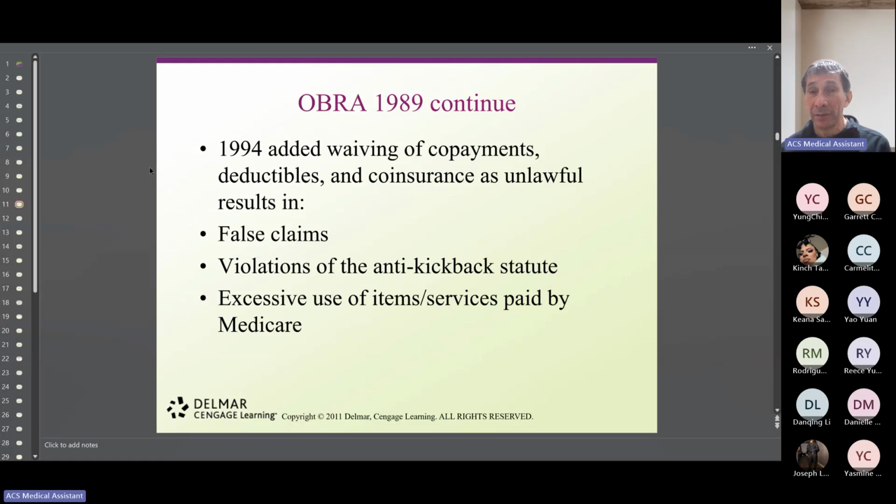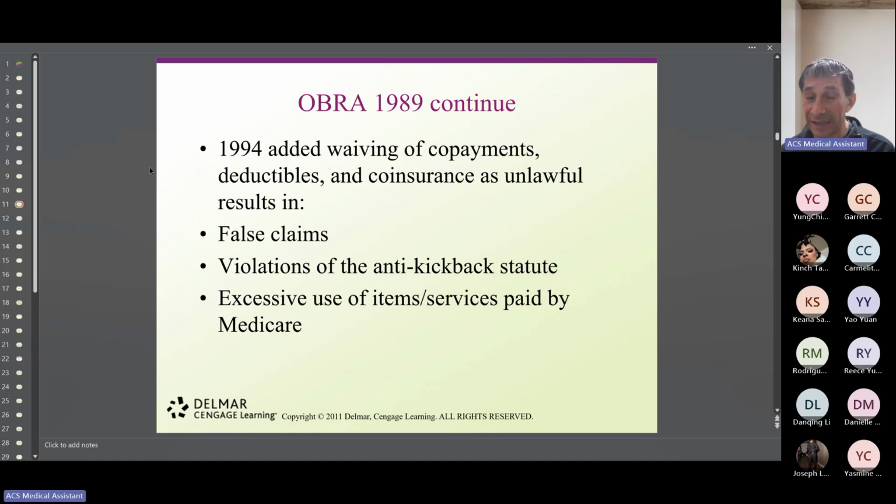Well, if you're not paying the copayment, you are taking business from another doctor that is charging the copayment. You're supposed to be charging the copayment, but you don't charge because you want to attract. You're going to steal the patients from the other office or hospital to come to you because you're not charging a copayment.